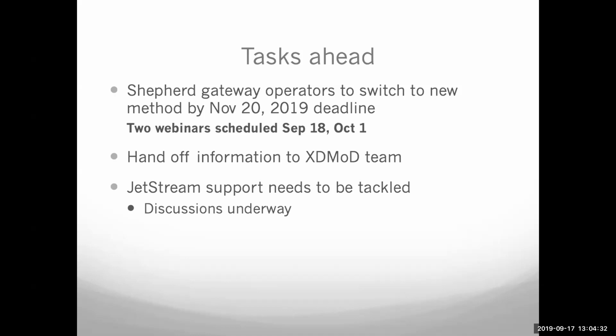The Jetstream issue is still underway. Jetstream has a complex submission mechanism. On the batch scheduler side, there's a 1-to-1 relationship between the compute job and the gateway job. That breaks in Jetstream because there's a many-to-many relationship. There could be many VMs that could run many gateway jobs.